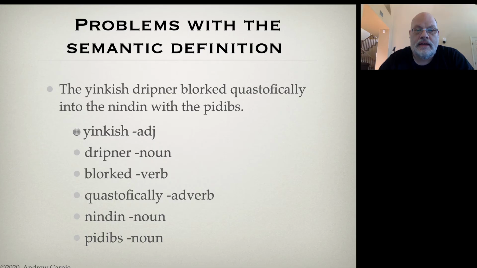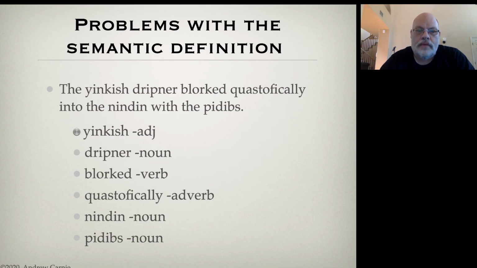This is a very typical position for nouns to appear in. Blorked is taking the ed suffix, which we take to be a past tense marker, and it's following the subject. Again, this is a very typical position for verbs. Quastophically has that ly suffix. That tells us it's probably an adverb. Ninden is immediately appearing after an article. That's a typical position for nouns. That's true for Pittibs too, and Pittibs also has this suffix s, which suggests to us that whatever a Pittib is, there's more than one of them.